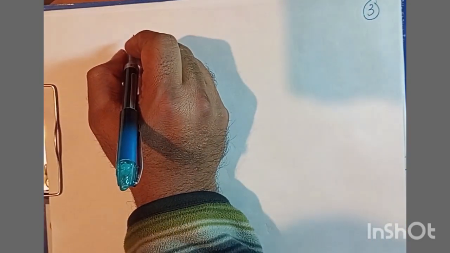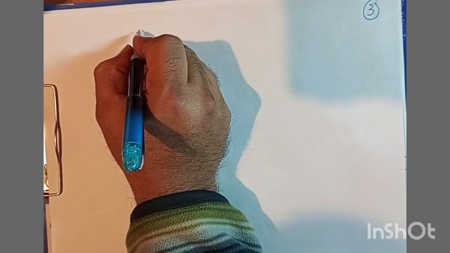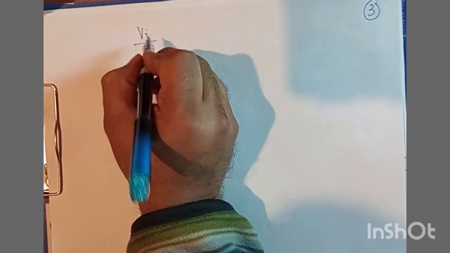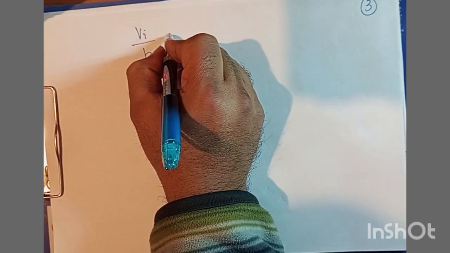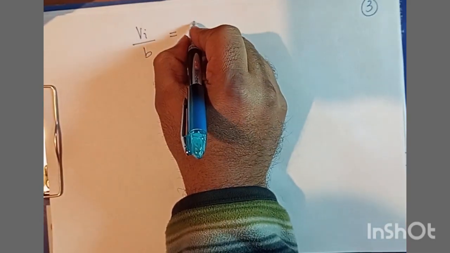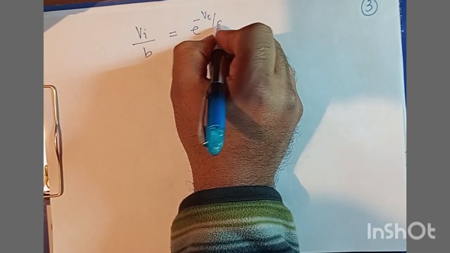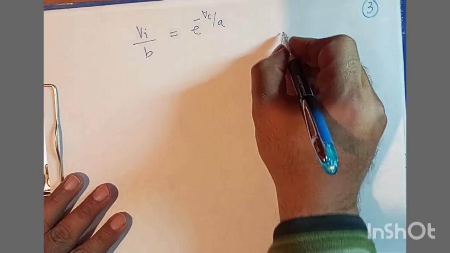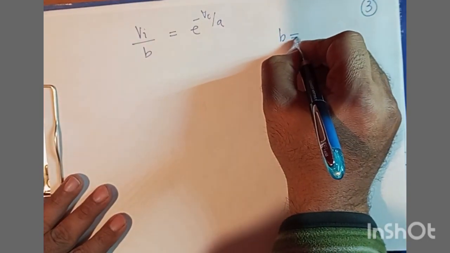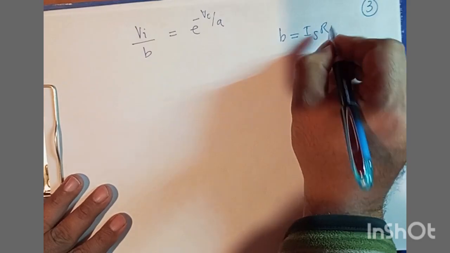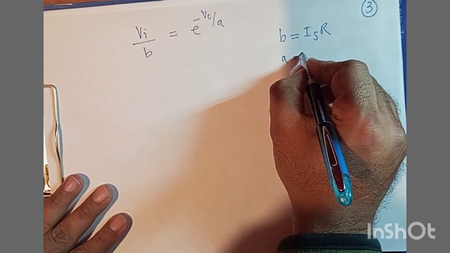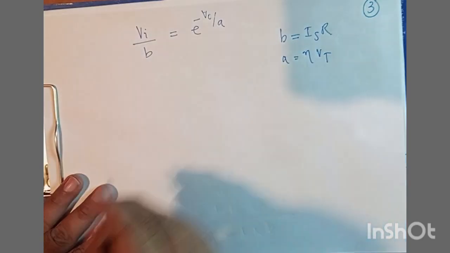Let's proceed from here. What's going to happen? So this is equation 3. I can write from the previous equation, Vi divided by B equals e to the power of minus V out by A, where B is a number, and B is Is R, and A is a number and it is equal to eta Vt.